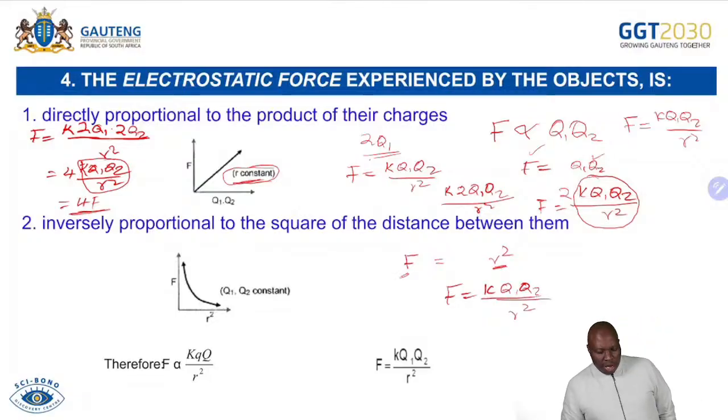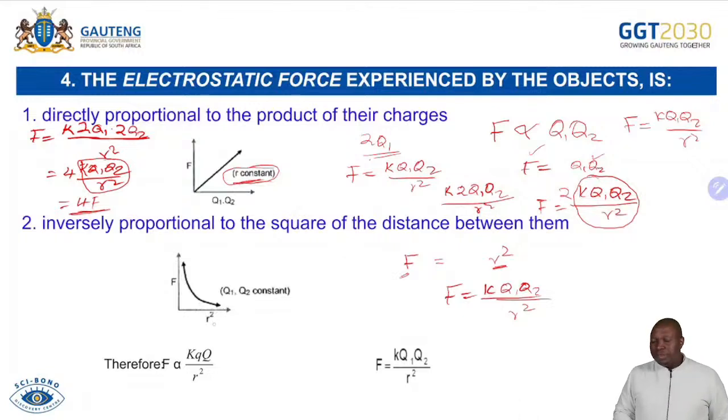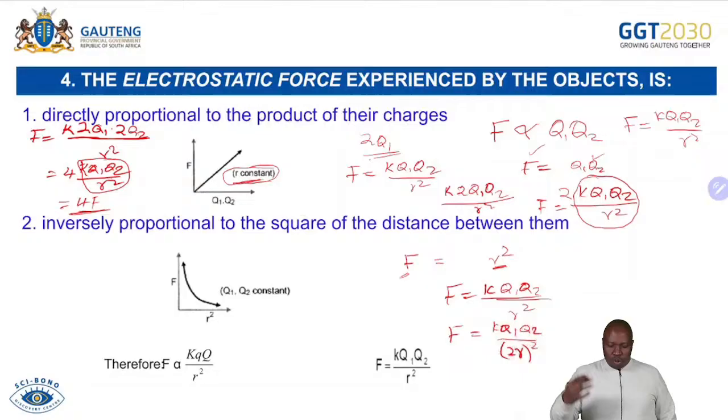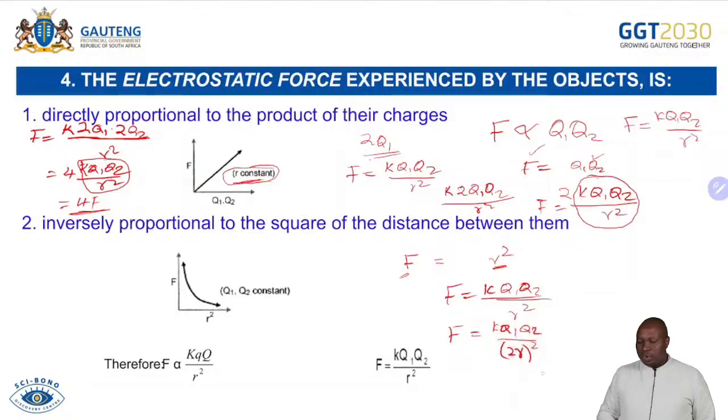Yes, we can write the formula F equals kQ1Q2 over r squared. Let's say we double the distance. We double the r. If we say 2r, you substitute the 2r, which gives you kQ1Q2 over 2r, and remember, the whole of it must be squared. So it's (2r) squared, which gives 4r squared, so we have kQ1Q2 over 4r squared.